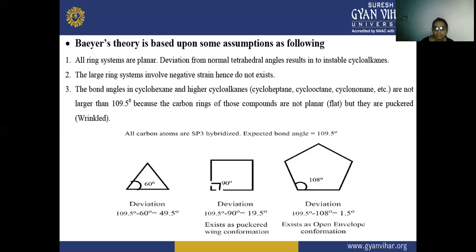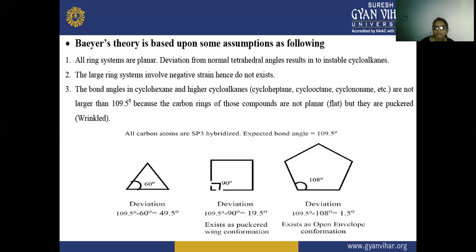Baeyer strain theory is based upon some assumptions as follows: that all the rings in cycloalkanes should be planar. Secondly, the deviation from the normal tetrahedral angle results in unstable cycloalkanes.